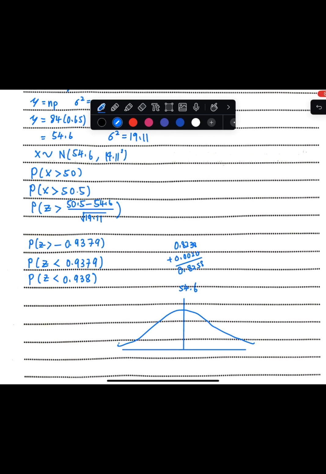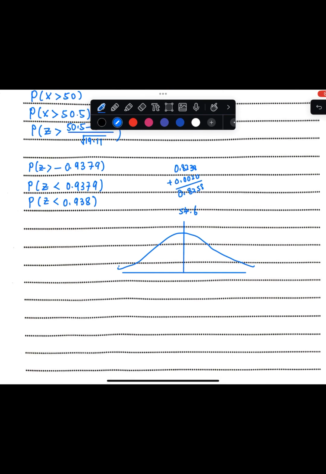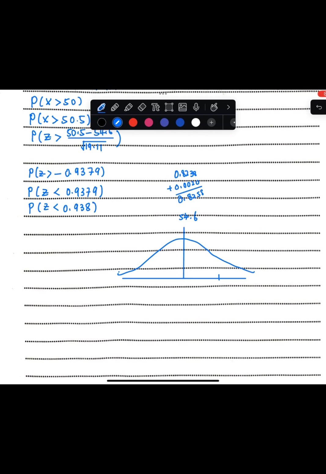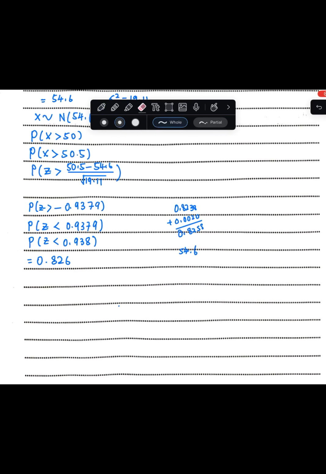So basically why we have to do x minus mean divided by the standard deviation is we are just moving the thing here and then flattening out, basically a lot of mathematical stuff, but you get the idea. So let's say z 0.938 is here. So the probability of z smaller than this, which you found from the table, is 0.8266, round it up, 3SF, and then we are done for part D.